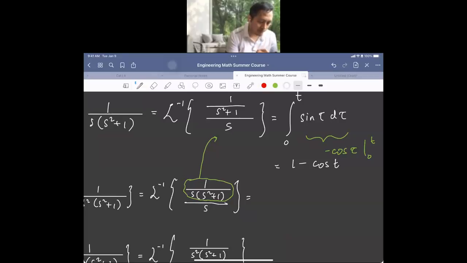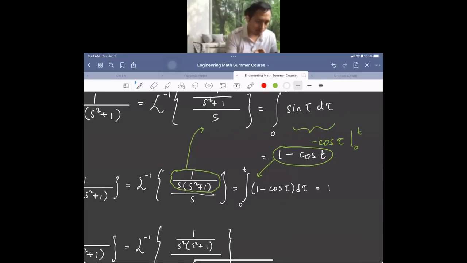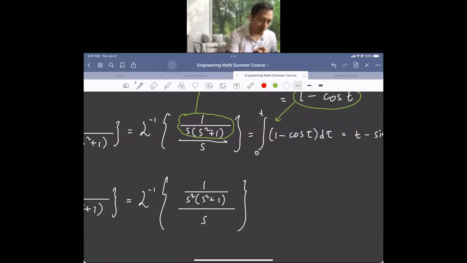Now we can write this function is actually this, right? So we can write the integral from 0 to t of 1 minus cos tau d tau, and then this becomes t minus sine t. And the same thing with the second question. This s squared plus 1 is actually from here, right?